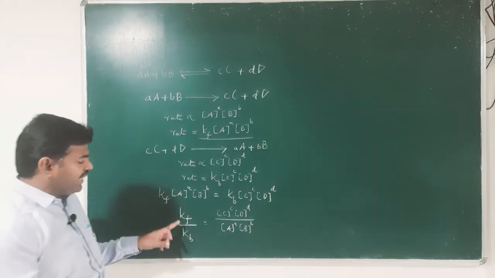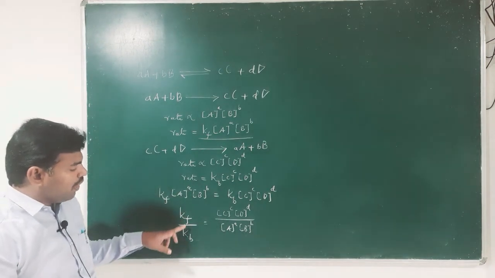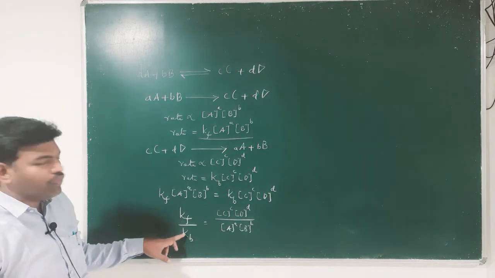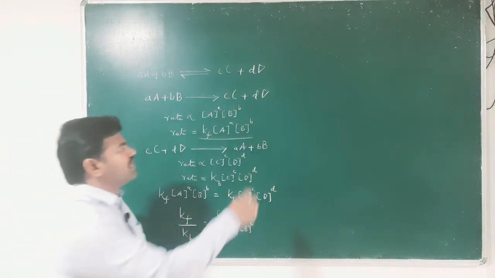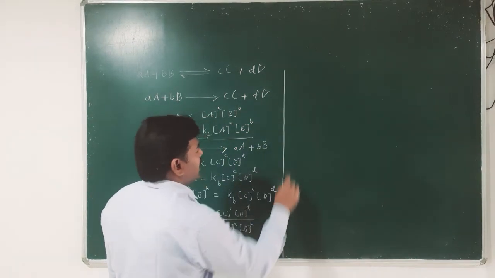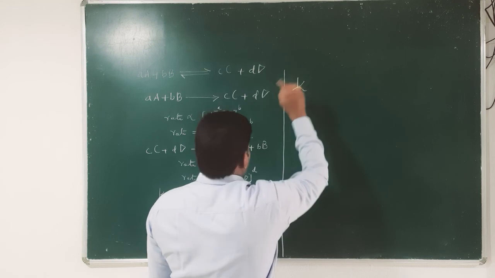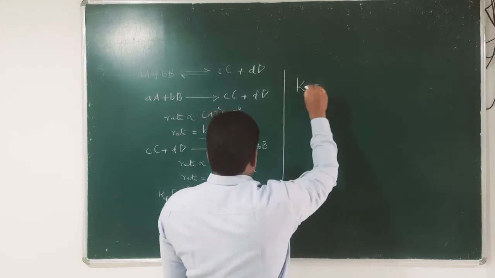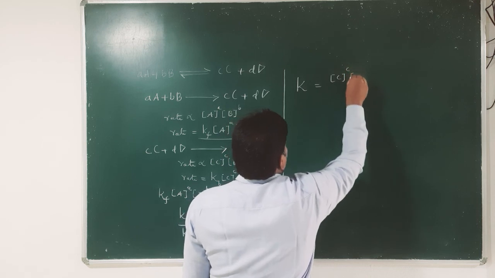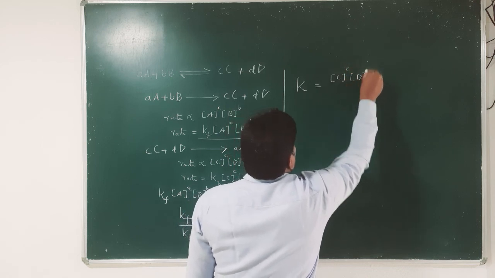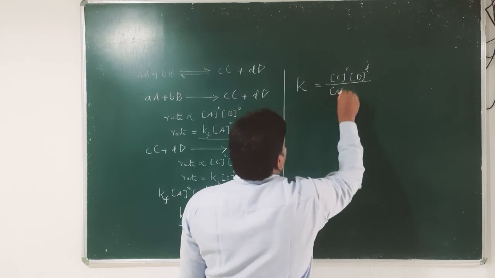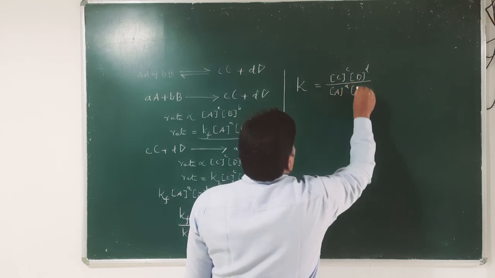So, we take the ratio of the forward reaction to the backward reaction, and we can write this ratio as a constant, and that constant is K. K is equal to [C]^c [D]^d divided by [A]^a [B]^b, right.